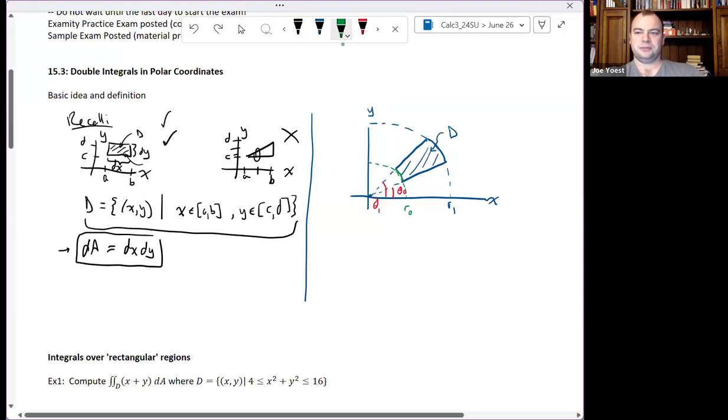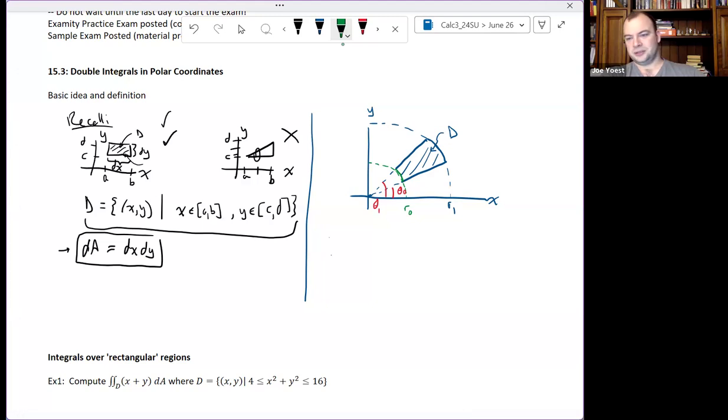However, this is, in a sense, a rectangle. In what sense is it a rectangle? Well, if I try to set up x, y, the criterion for the x, y coordinates is quite complicated. But what if I were to look at polar coordinates?